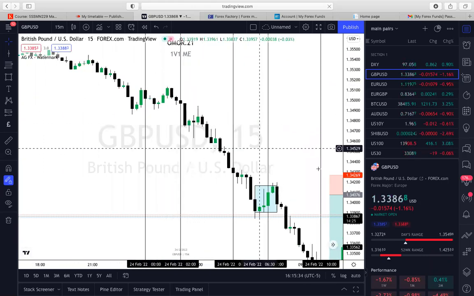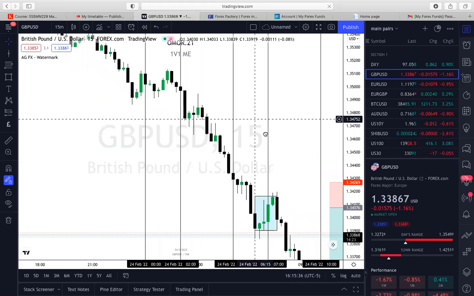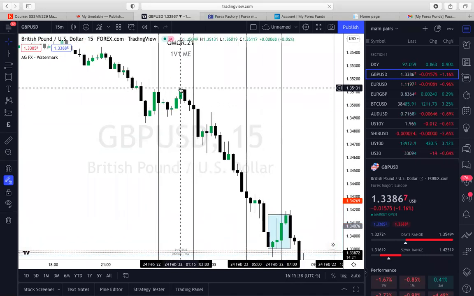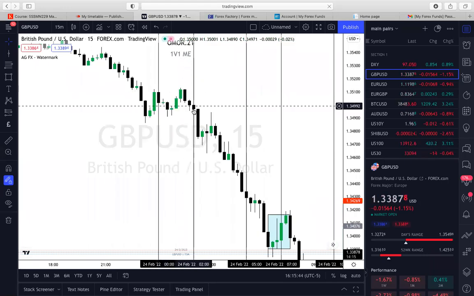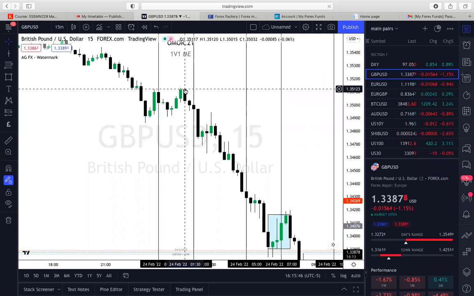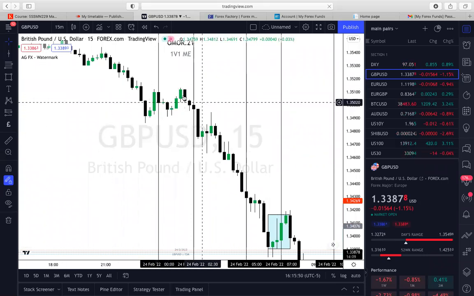Now, regarding the OTE, you want to wait for a high to be made. So when this candle happens and these candles move away from it, we know that this is an established high. This high has now been made, so we can use that high.